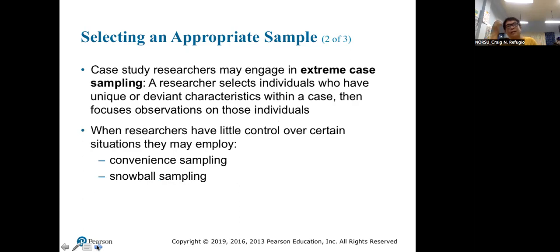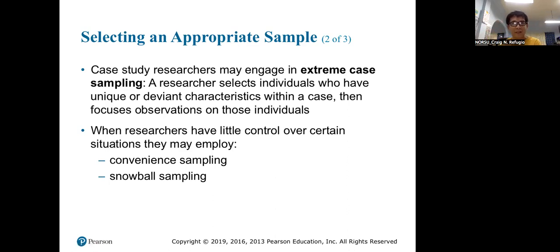Selecting appropriate sample still. Case study researchers may engage in extreme case sampling. A researcher selects individuals who have unique or deviant characteristics within a case, then focuses observations on those individuals. So, extreme case sampling. Why are you going to look into extreme cases? Because you could not find that kind of data in the literature.